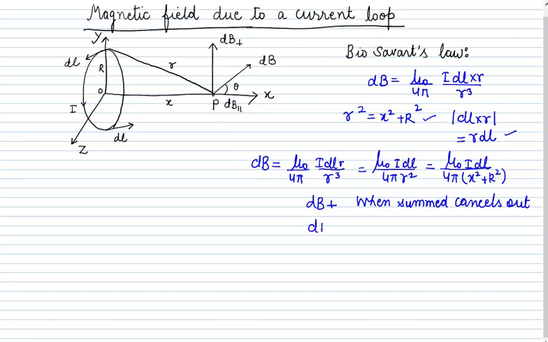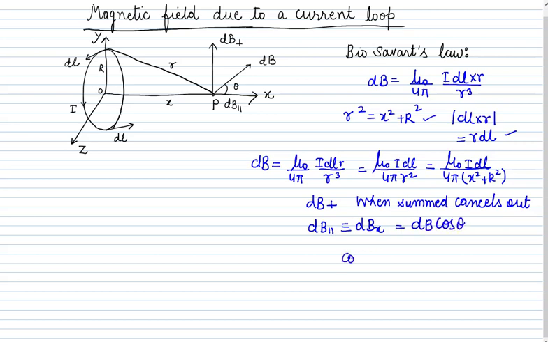So we can write this parallel component as the component in the x direction. This will be dB cos theta, and this will be dB sin theta. So what we have is dB cos theta.